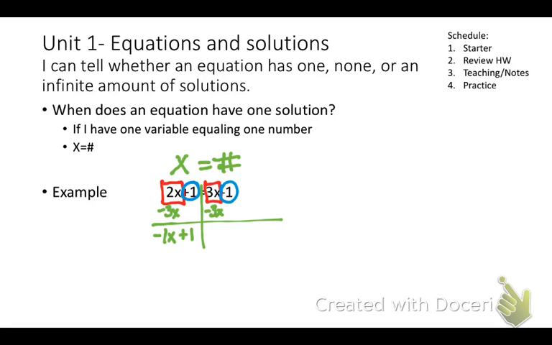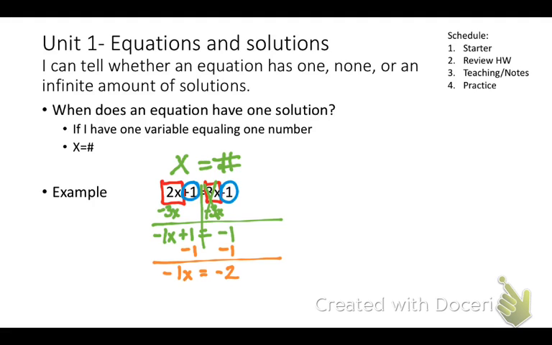Now these guys right here cancel each other out. So I'm just going to cross them out, and then I'm going to bring down that negative 1. All right, now I still have that 1 on this side with my variable. So opposite of positive 1 is negative 1. Now I clean this up. I have negative 1x equals negative 2.